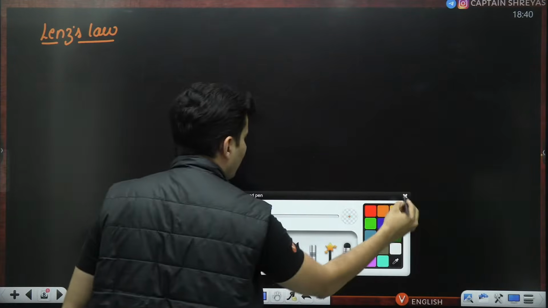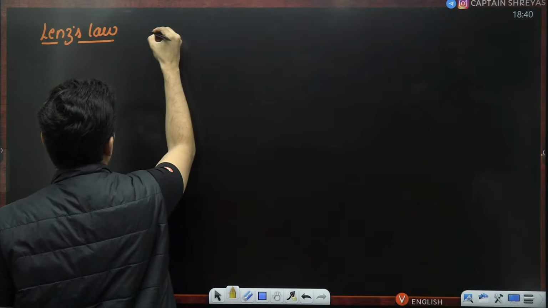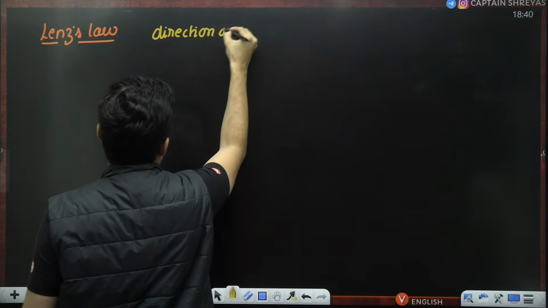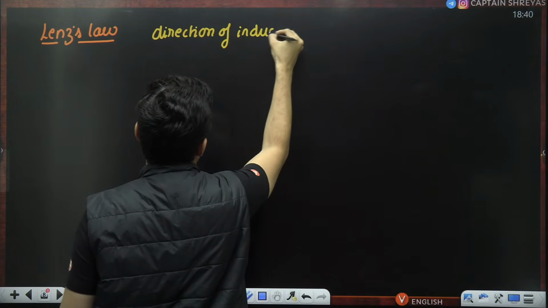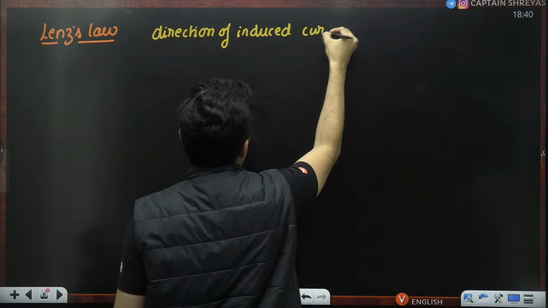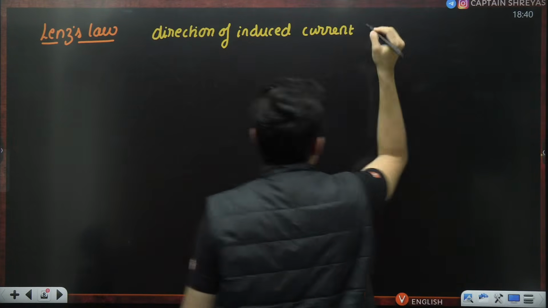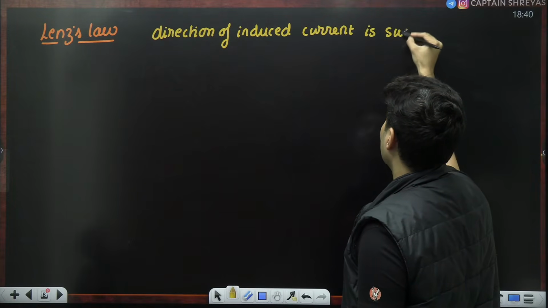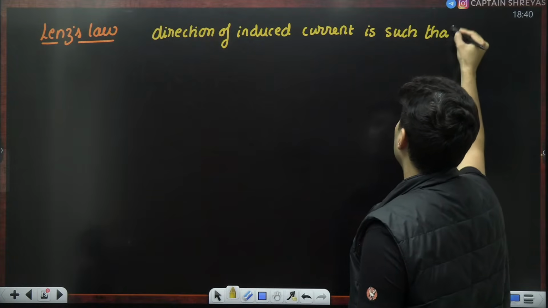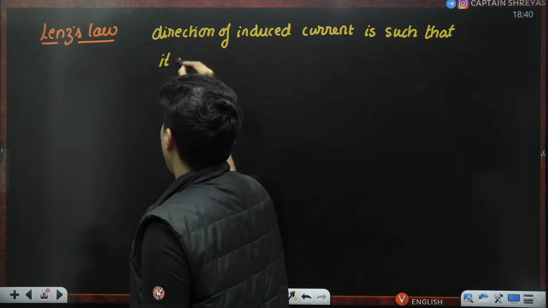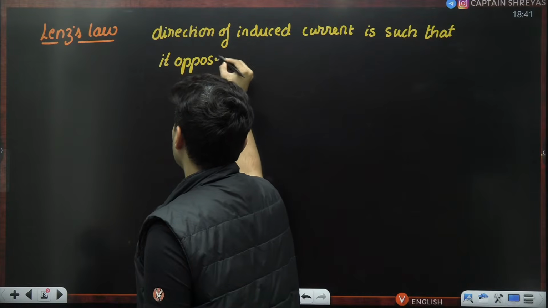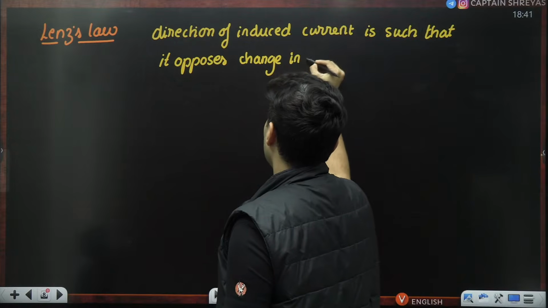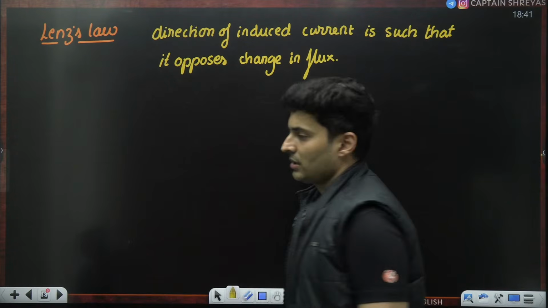This Lenz's law is going to tell me the direction of the induced current, and this direction of the induced current is such that it always opposes the change in the flux, the change in the magnetic flux.